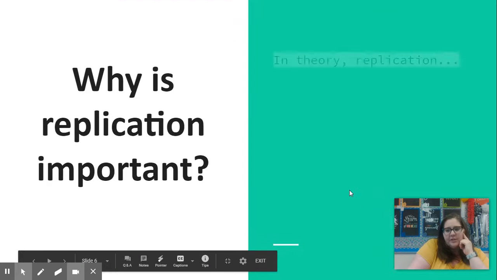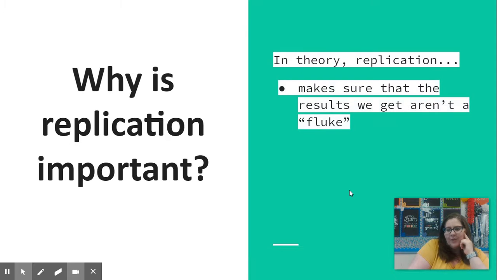So why is replication important? In theory, replication makes sure that the results we get aren't a fluke. If we just get them with one person in each treatment group, the results we see could have been completely a fluke. And also, even in an experiment that we do once with multiple groups of people, with that one group of people, it could have just happened that way randomly.